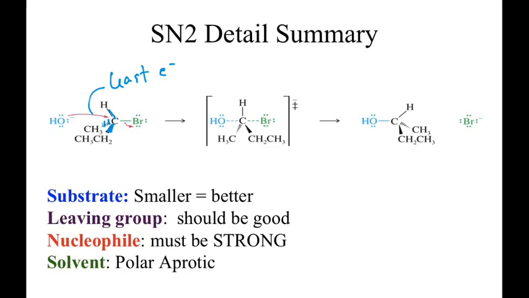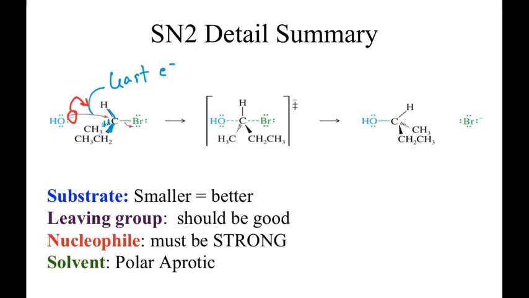Why? Well, what happens with our nucleophile? What is our nucleophile? It's a negative charge. That negative charge has to come in through the backside. If the backside has a bunch of electrons around it, what's going to happen? It's going to repel out and we don't see the reaction. Oof, that was supposed to be an arrow going away. Let's try that again. It will repel out and we don't get the reaction occurring.